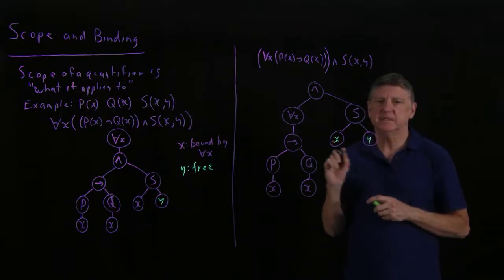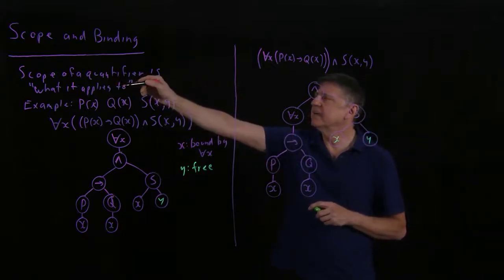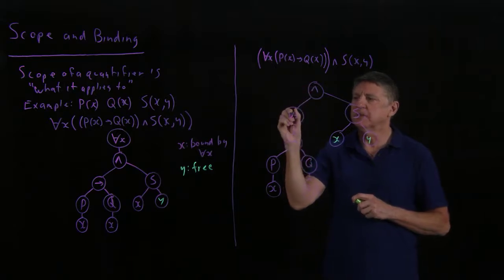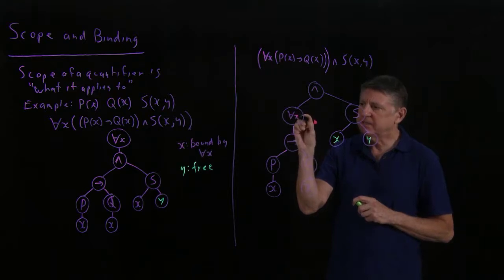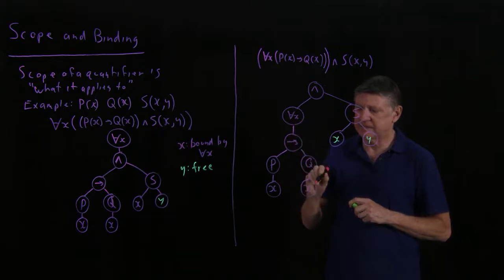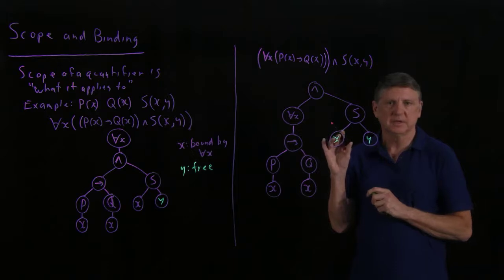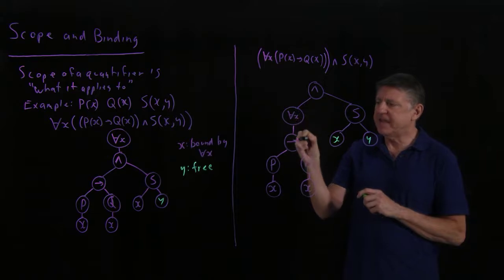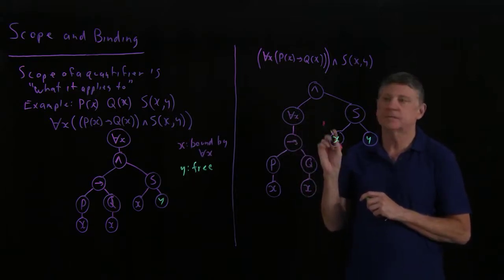The reason for this is that now we will use this idea of what the quantifier applies to. As we go down the left branch of the parse tree, we see this quantifier, and underneath it appear both of these x's. What that means, and we'll explore this in more detail in a later session, is that the x's underneath this part of the parse tree have to be the same x.